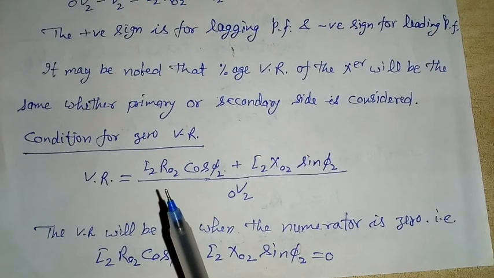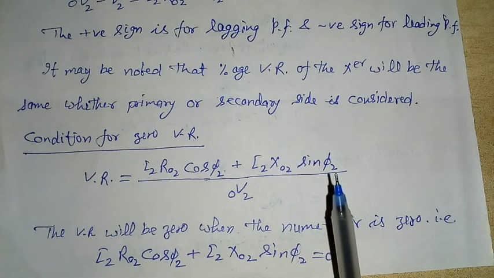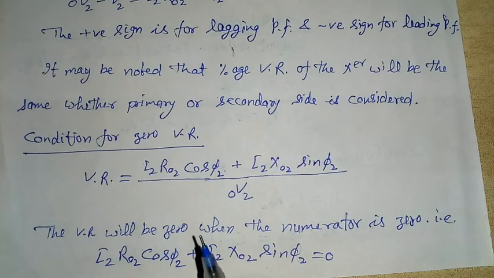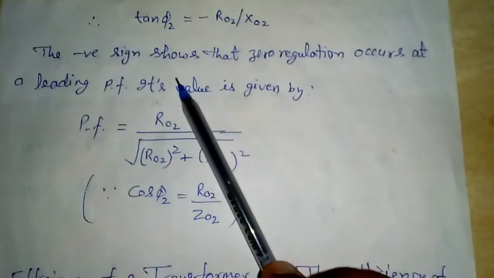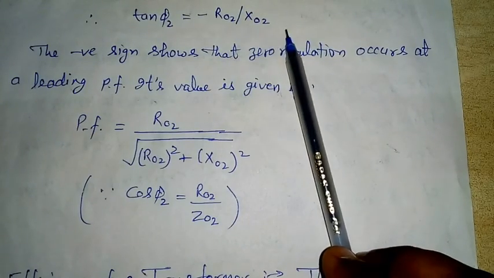So the condition for zero voltage regulation: VR is equal to (I2 RO2 cos phi 2 plus I2 XO2 sin phi 2) upon OV2. The voltage regulation will be zero when the numerator is zero, that is, I2 RO2 cos phi 2 plus I2 XO2 sin phi 2 is equal to 0, because tan phi 2 is equal to minus RO2 upon XO2.